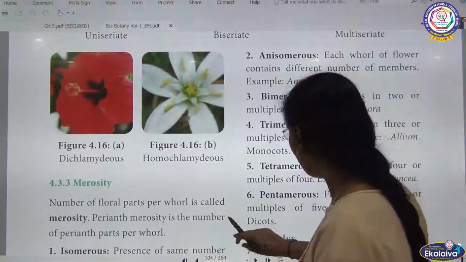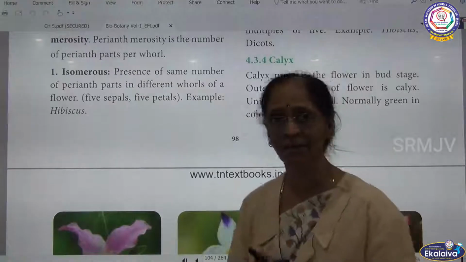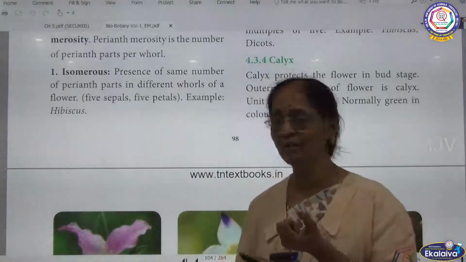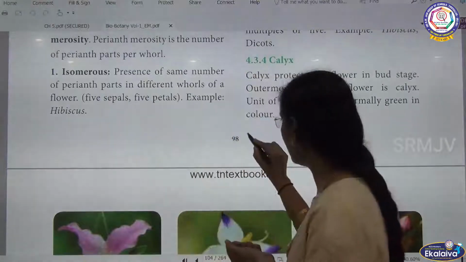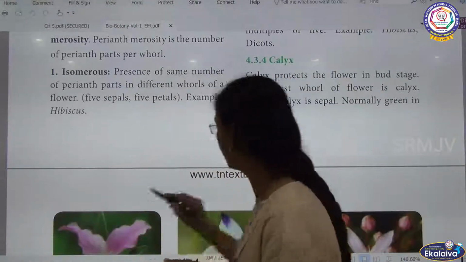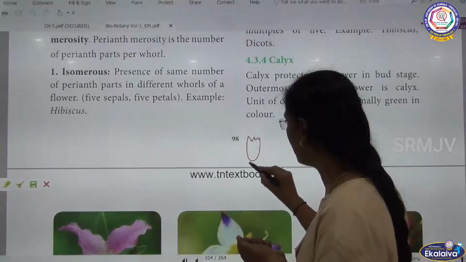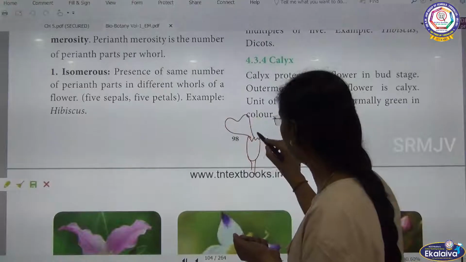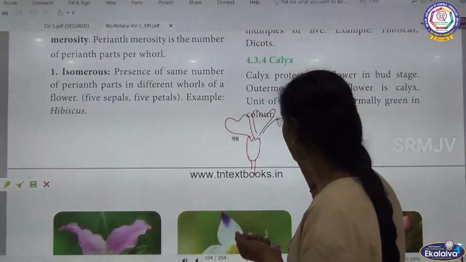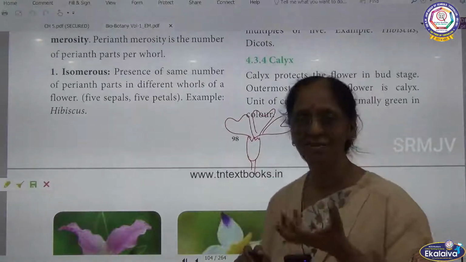Now, when we look at the calyx, we said that the calyx is nothing but the outermost whorl, which is green in color. You can see this is the calyx we were talking about, and on this we will find the corolla is present. What does the calyx do?